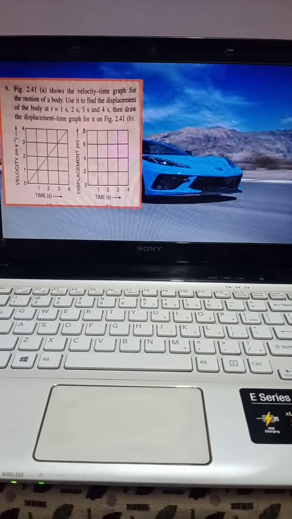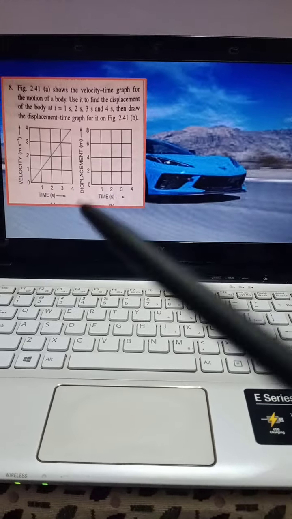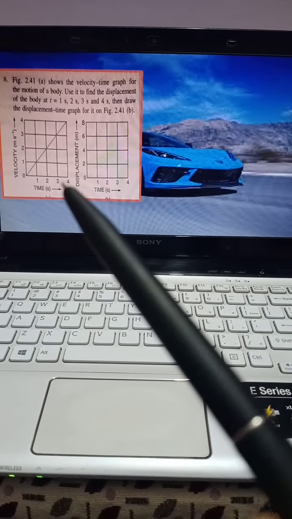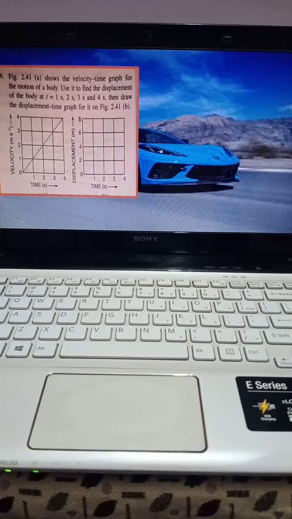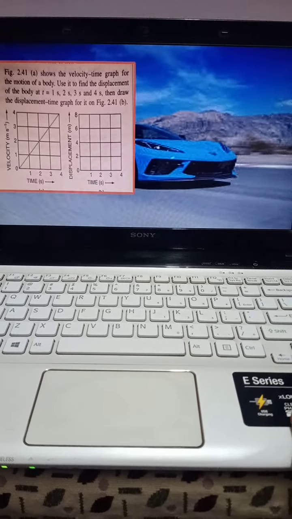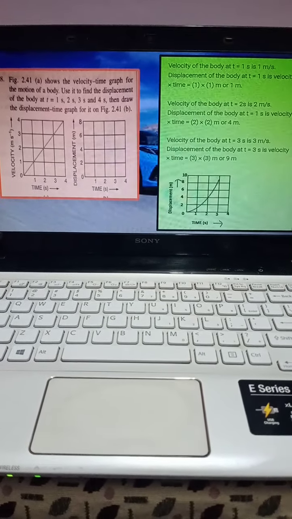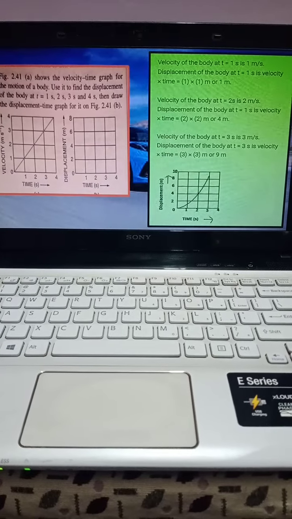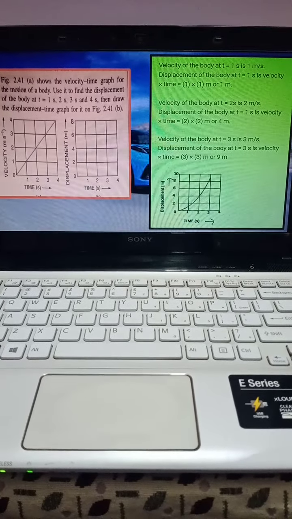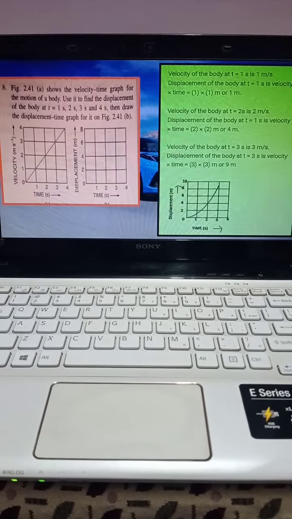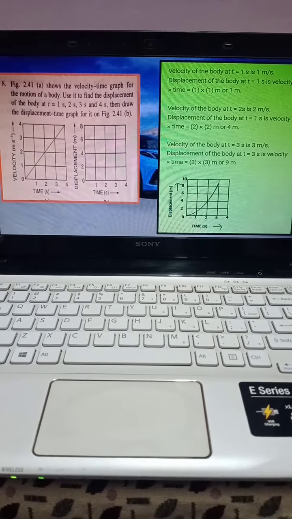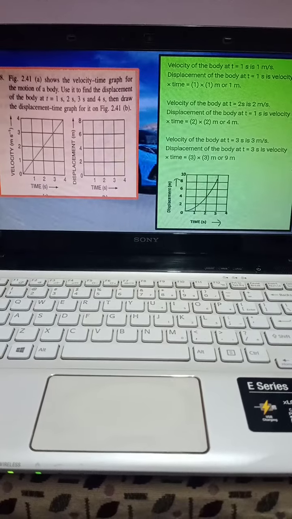The first numerical is given here. This is a velocity time graph, and with the help of this graph we are going to convert it into a displacement time graph. To convert it, we have found the area of this graph at different time durations.